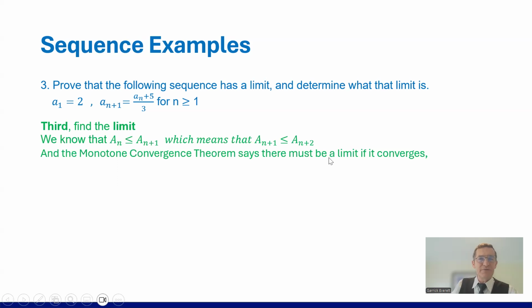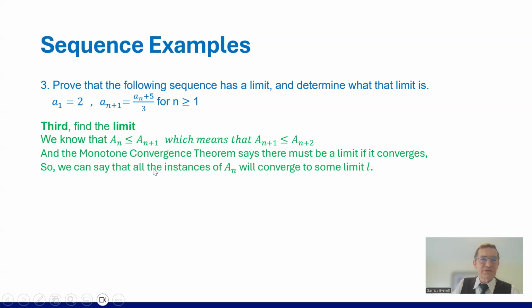Now we know it's bounded by 3. Like I said, you could have picked 4. But we know it's bounded by 3, so the limit's got to be 3 or less. So we can say that all the instances of AN will converge to some limit L. So in other words, if we look at this equation, we can say that every single instance of AN plus 1, AN plus 2, AN plus whatever, will converge to some limit L. Okay?